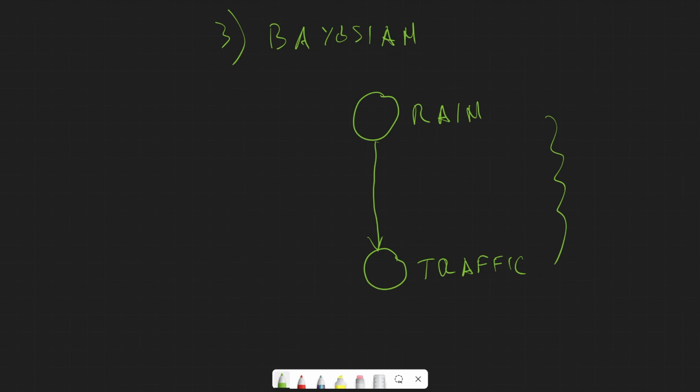Now, Bayesian networks are graphs like this one. The nodes are the random variables, and the arrows represent dependencies between these variables. They were, and still are, used to model complex systems where lots of uncertain factors interact. You can think about medical diagnosis, fault detection, risk assessment, and so on.